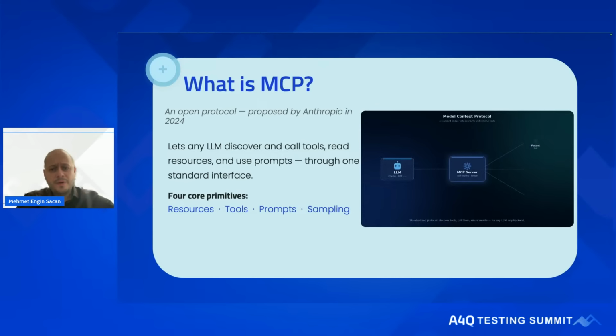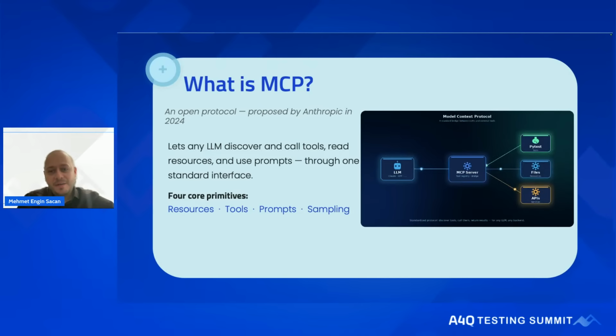There are 4 primitives for MCP itself. There are resources, which are data the model can read. There are tools, which are the functions the model can call. Prompts are reusable templates. Sampling is controlled generation. For us, the interesting one is tools. That's how we expose Pytest.